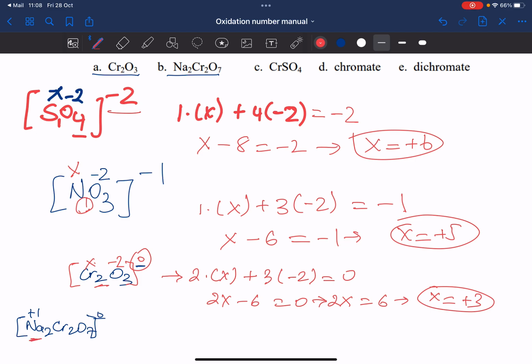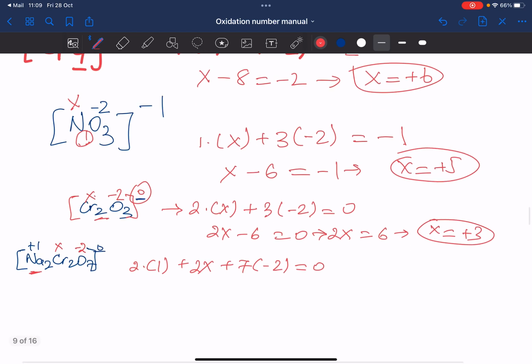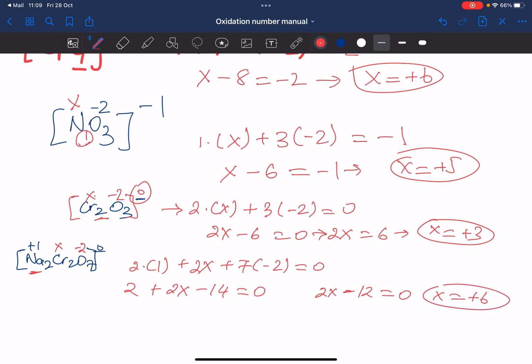And then chromium we don't know, but we know oxygen is -2. So let's do the math. 2 times 1 plus 2 times X plus 7 times -2 is going to be 0. And then 2X minus 14 is 0, so 2X minus 12 is 0, and X is going to be +6.